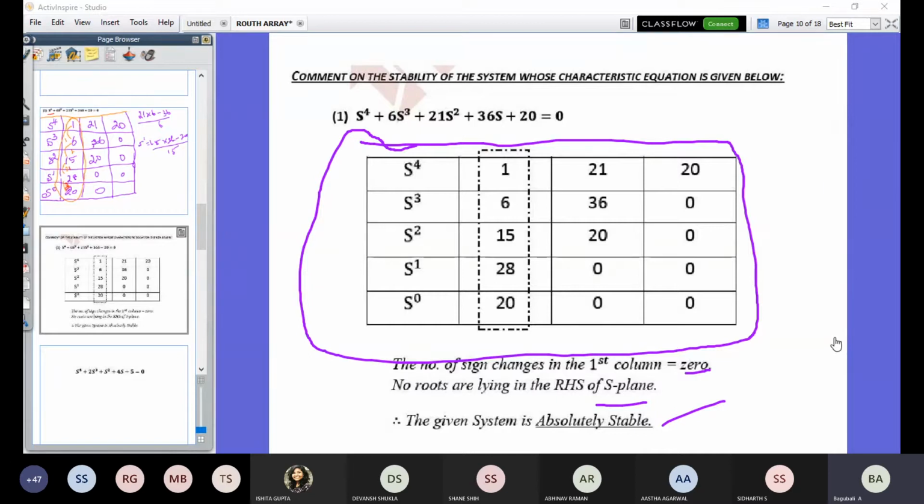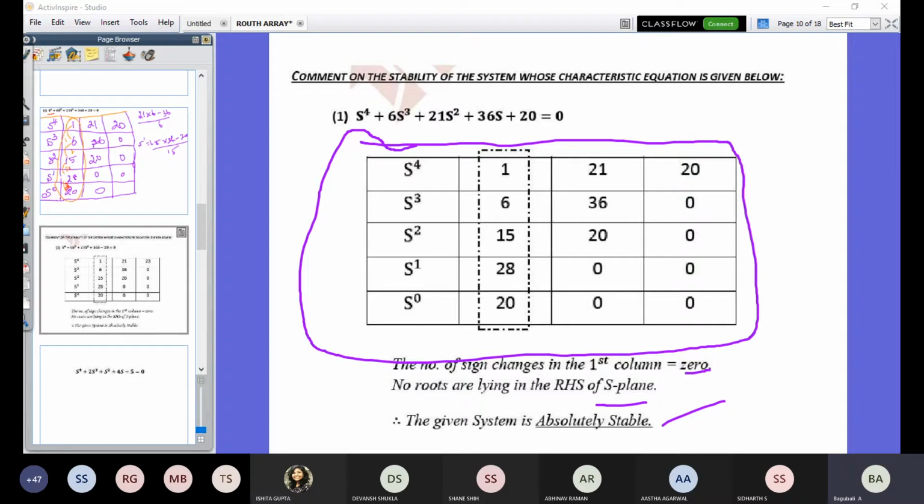You can't find any GATE question without the Routh array. In the GATE examination, always 2-3 questions will be present on the Routh array. If you have any doubt, feel free to ask.